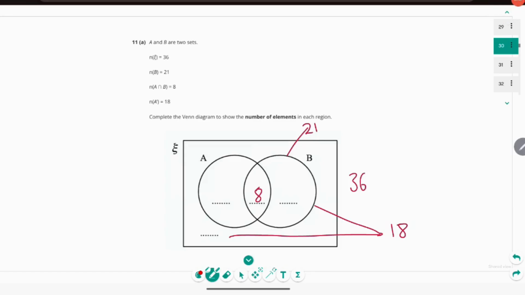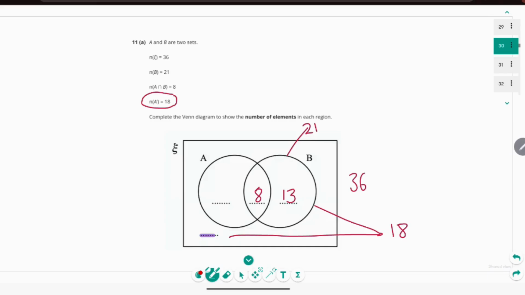So if all of B is 21, we can know 21 take away 8 is 13. We also know the number not in A is 18.